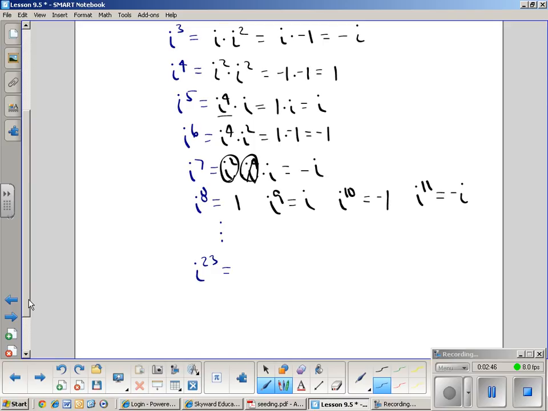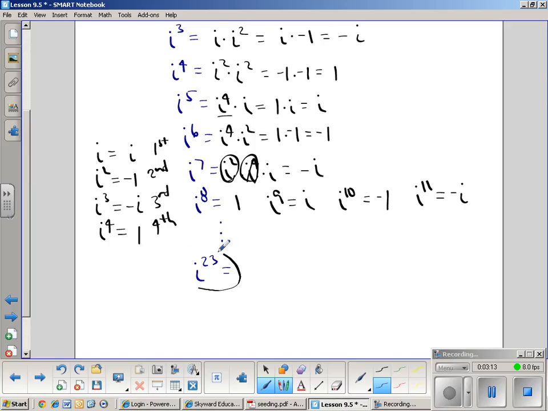Okay, so let's back up. i is i. i squared is negative 1. We're recapping what we just did. i cubed is negative i. And i to the fourth is 1. Okay? So he's saying this is my first, this is my second, this is my third, this is my fourth.